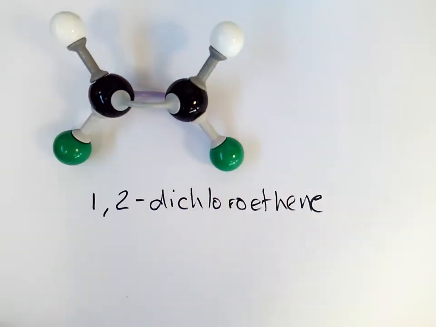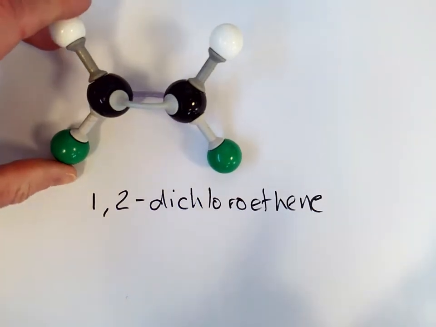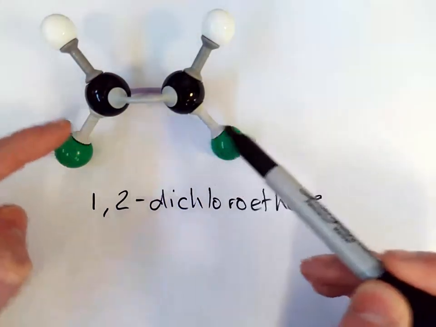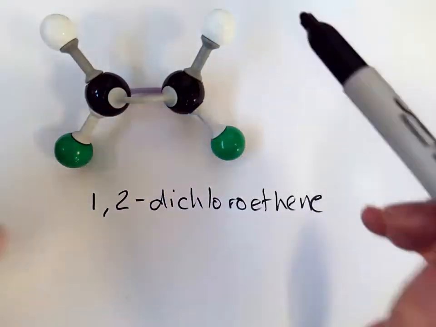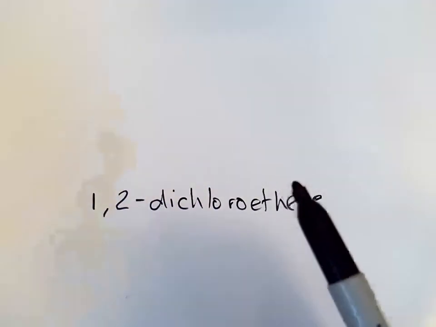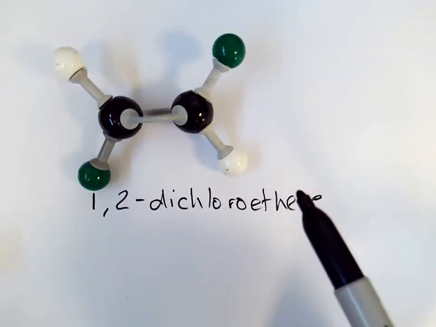And so our nomenclature needs to add in a small bit at the beginning of the name which enables us to identify which one's which. Now with 1,2-dichloroethene, this is relatively simple because we've got the same group, in this case two chlorines or two hydrogens, on the same side or opposing sides of the double bond.